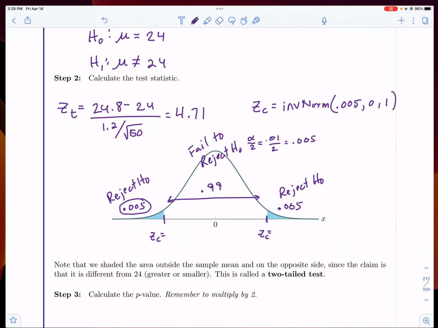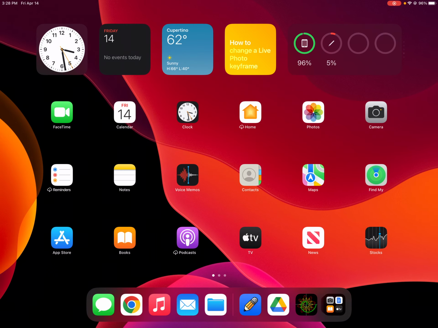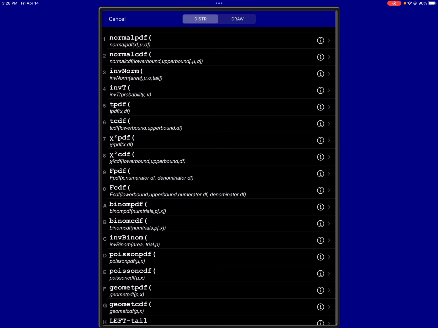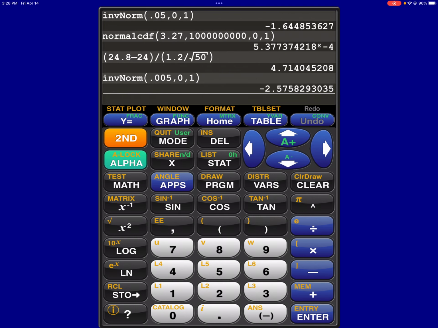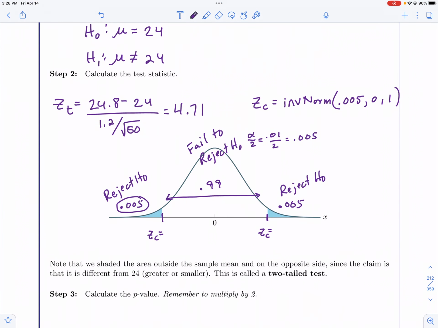And if I throw this in the calculator real quick, it looks like we're going to get negative 2.58 for this guy. So that means we're going to have negative 2.58 here, and then positive 2.58 there.